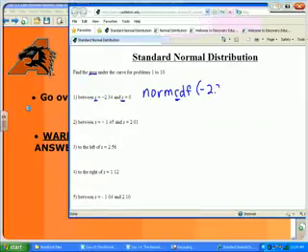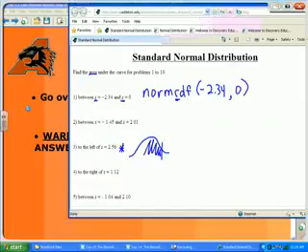In this case, the least is here up to the greatest of 0. That's how you would calculate it, and it would give you that area. You could write that as a decimal answer or as a percentage answer. Either one is perfectly fine on the AP exam.